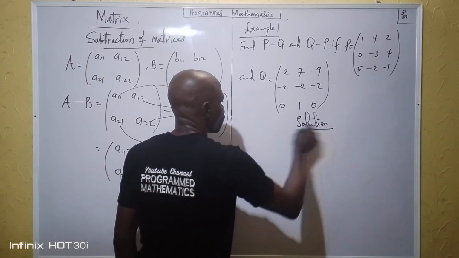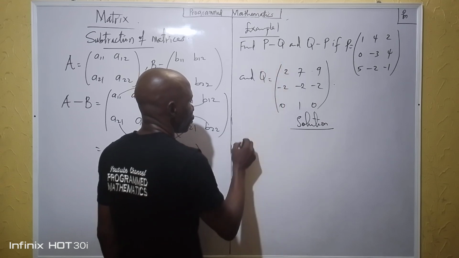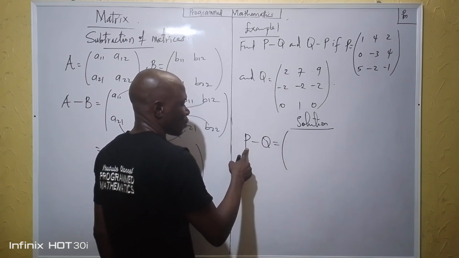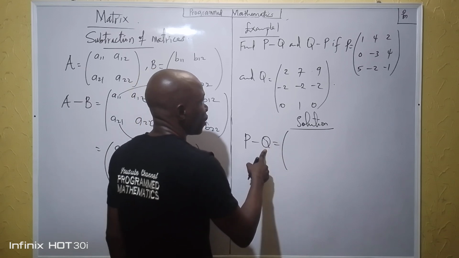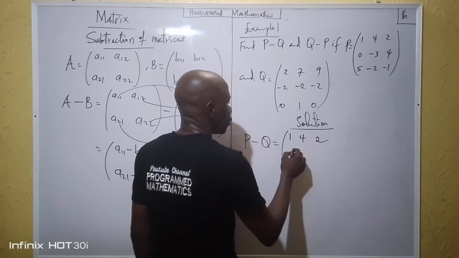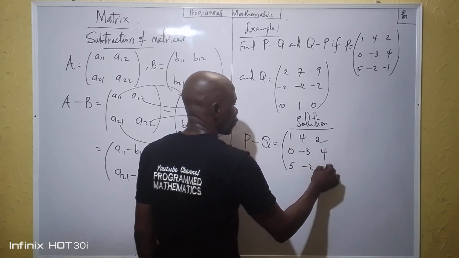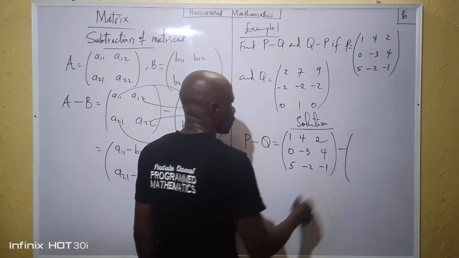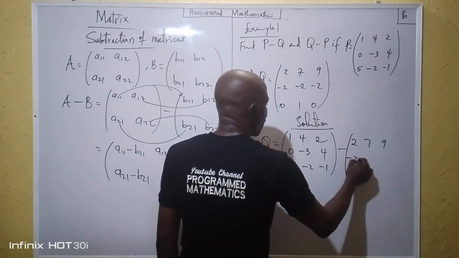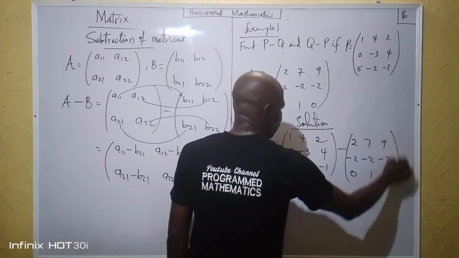Solution to the problem. We want to find P minus Q. Write out matrix P first, then minus matrix Q coming second. So matrix P is 1, 4, 2, 0, minus 3, 4, 5, minus 2, minus 1, minus matrix Q, 2, 7, 9, minus 2, minus 2, minus 2, 0, 1, 0.